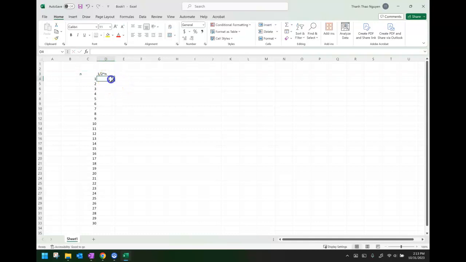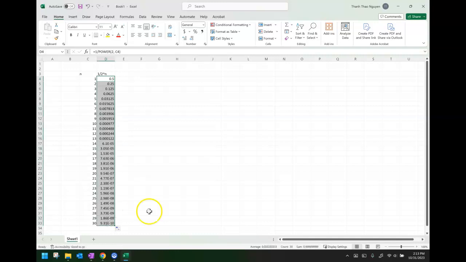So let's enter our formula, equal 1 divided by the power of the number 2 to the exponent n. So the first one we had 1/2, and then we continue on.